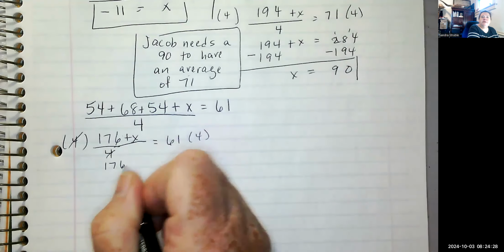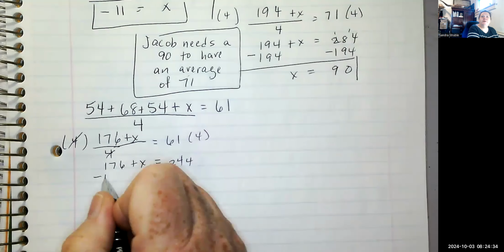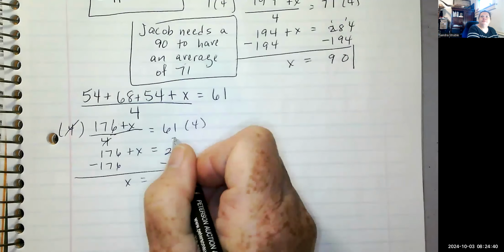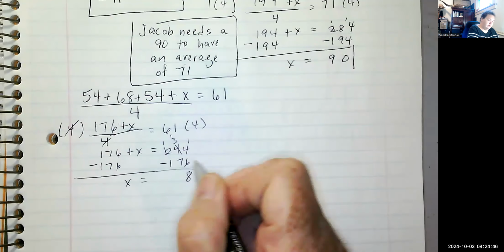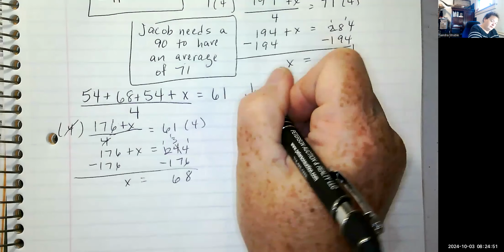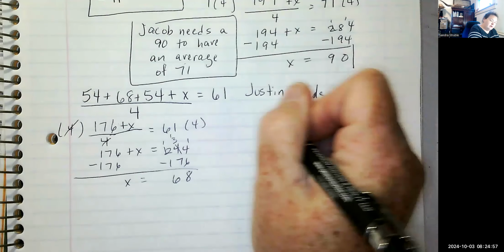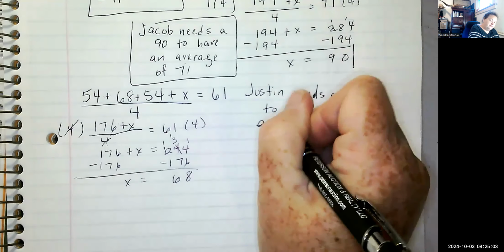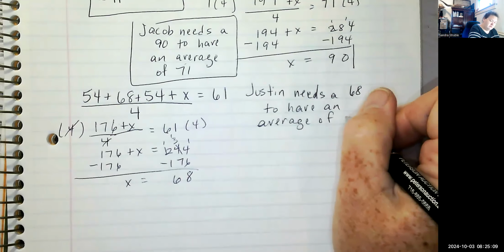We get 176 plus X is equal to 244. Subtract 176 from both sides. So who's this? Justin. Justin needs a 68 to have an average of 61.